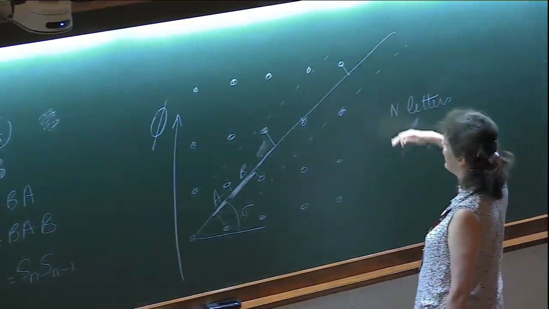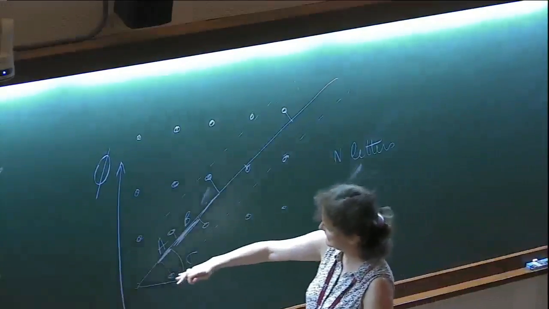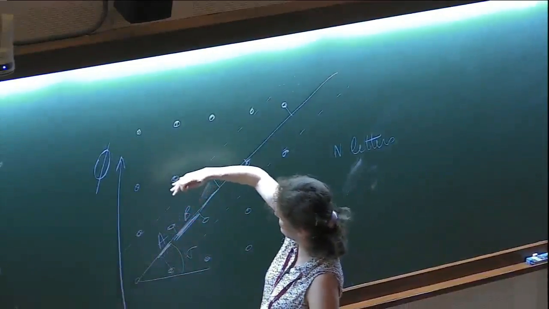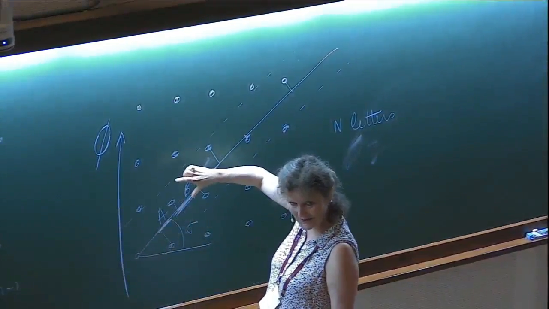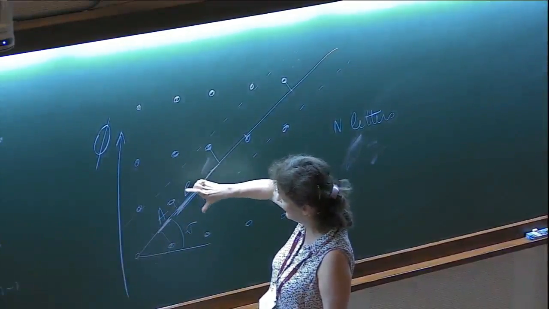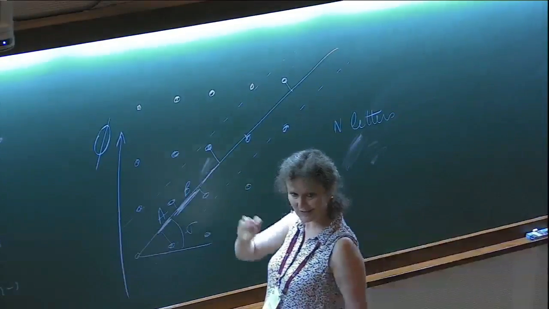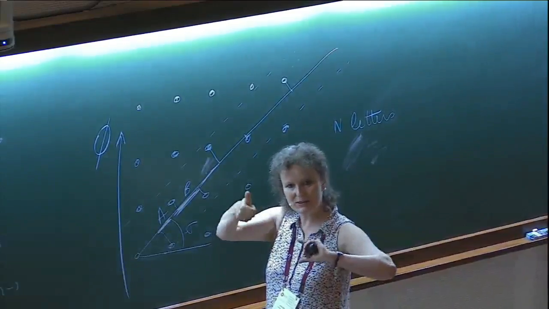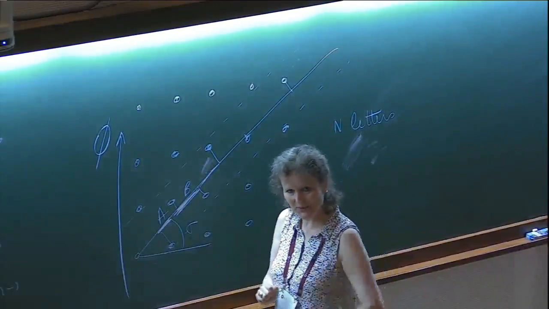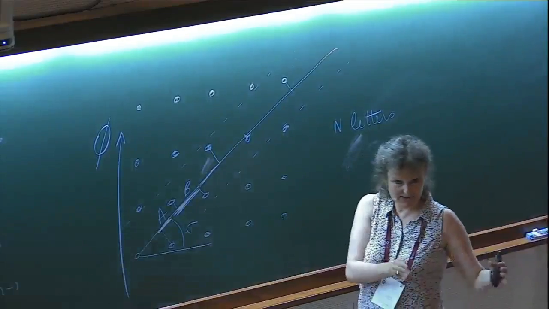If you sweep this line vertically, some points will go out from the region I'm considering, and some points will go in. So you will switch B into A and A into B. So you will get different sequences.